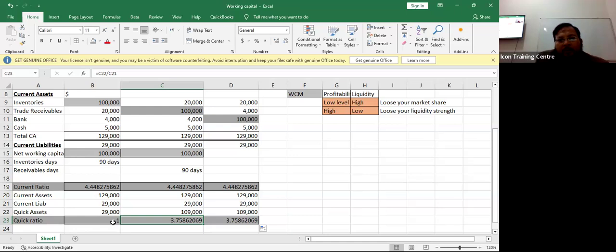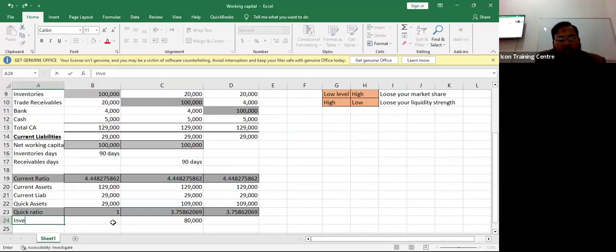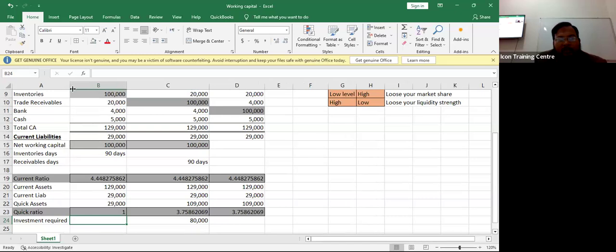Because here, quick assets are 109. So if we want to keep it 1:1, it should be 29,000. The rest, let me check, this minus this. So this amount should have been invested somewhere. Investment required. Because if you do not invest this amount somewhere, then there is a problem.